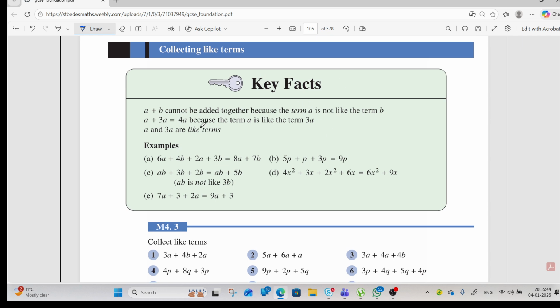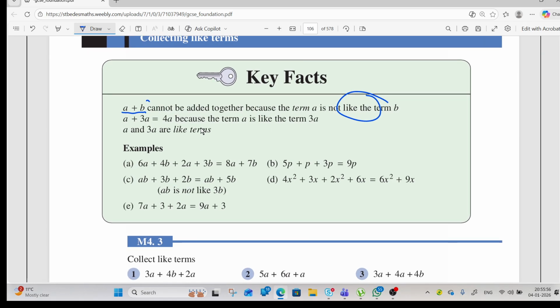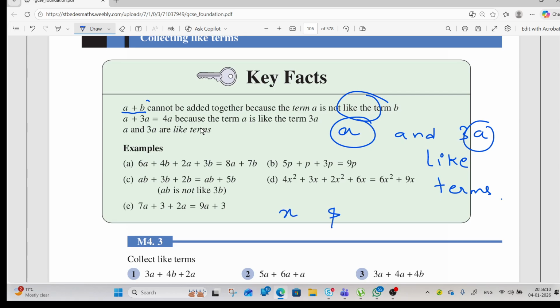So basically, if I write a plus b, I can't add them because these terms are not like terms. What do I mean by like terms? Like terms have the same variable, like a and 3a. They both have a, right? So these are called like terms. Like terms means same variable. But if I write x and 2y, one has x, the other term has y as variable. So they are called unlike terms.